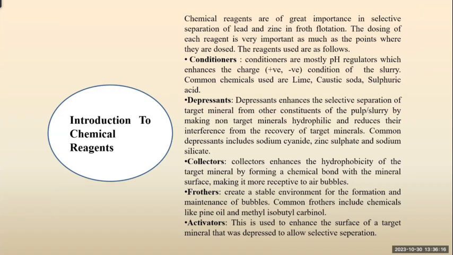They are the ones that modify the condition of the pulp. What's the pulp? That is the mixture of your material and waste in semi-liquid form. For the conditioners, you have something like your lime and your sulfuric acid, to balance the pH of the whole system.